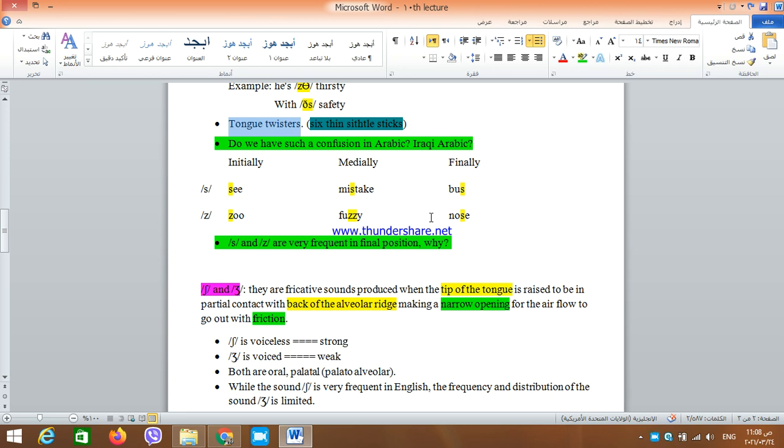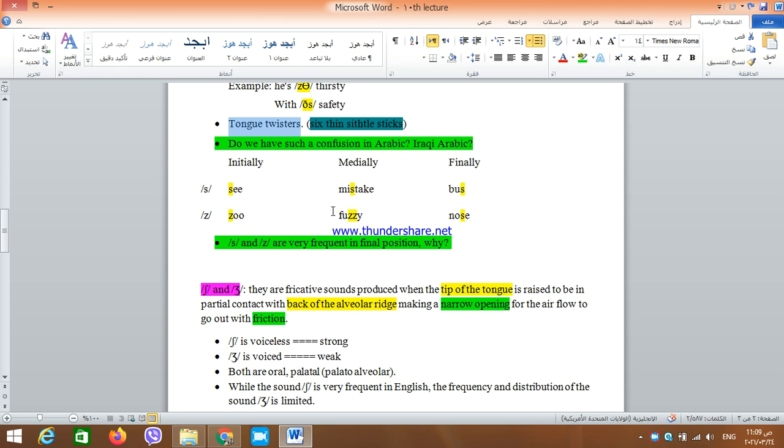Now, do we have se and ze in English? In all positions, of course. They are very frequent. We have si, especially se, si, zu, mistake, fuzzy, bus, nose. Okay, so se can occur in all positions.